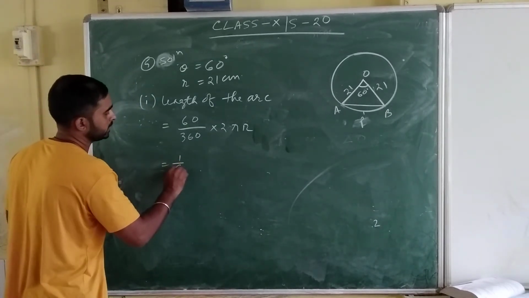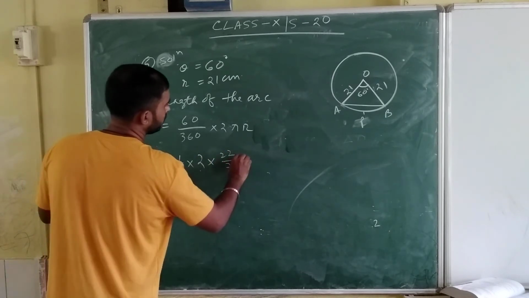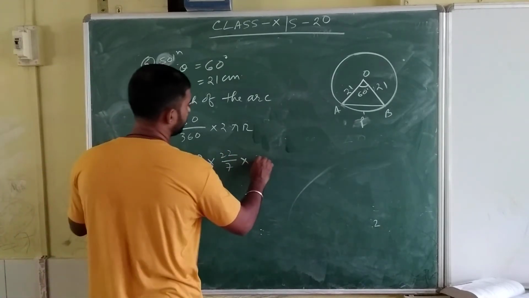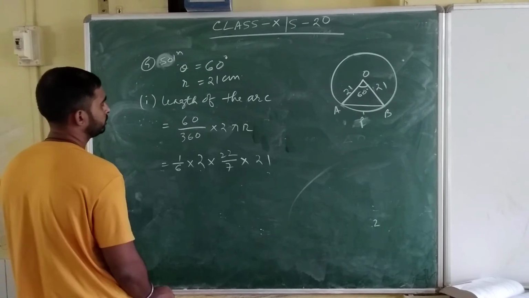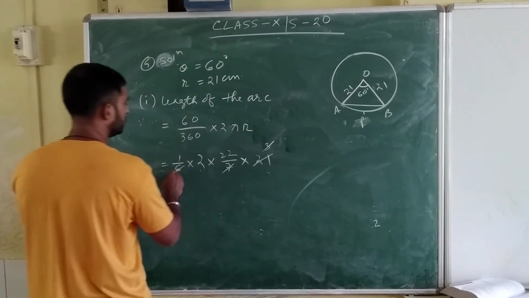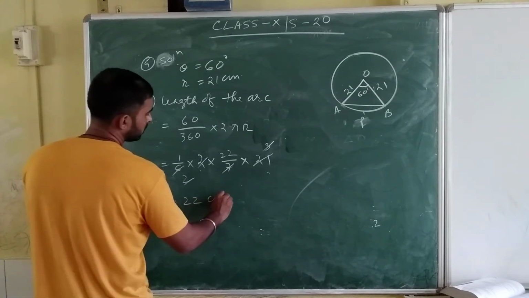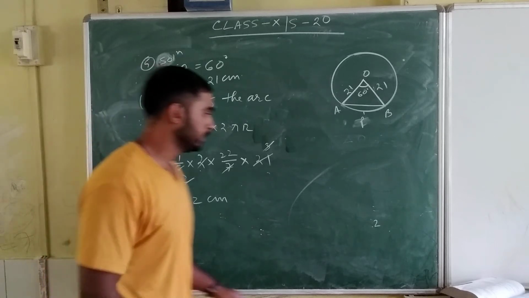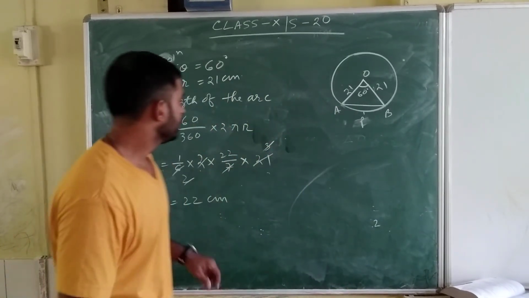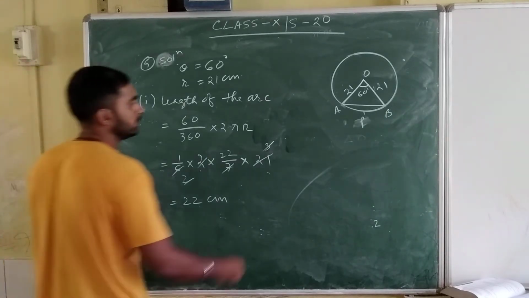This one is 1 by 6, 2 into 22 by 7 into r. R equals 21. So 7 3s are 21, 3 2s are 6, 2 2s are 22. 22 centimeter is the length of the arc.